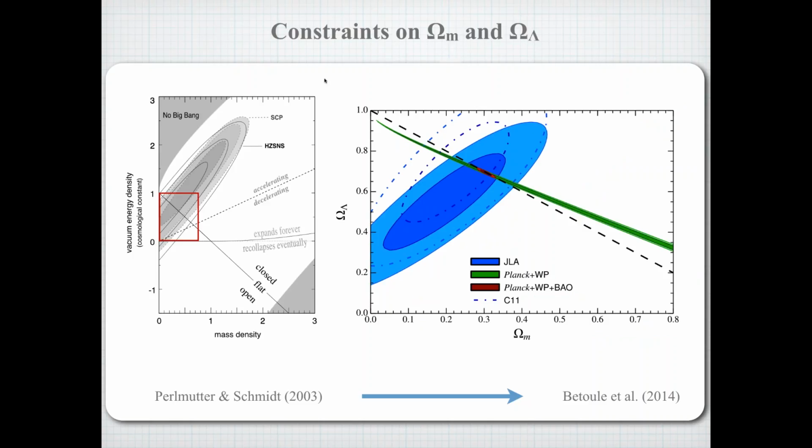On the x-axis is the matter density, the y-axis is dark energy density, and on the left, that red box corresponds to the figure on the right. On the left, you can see that the contours fill pretty much that entire box, but we've made the contours substantially smaller with bigger samples and better, well-measured light curves.